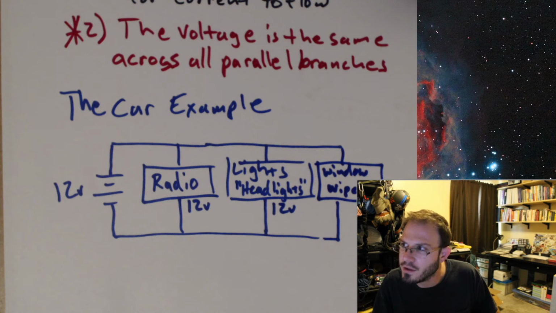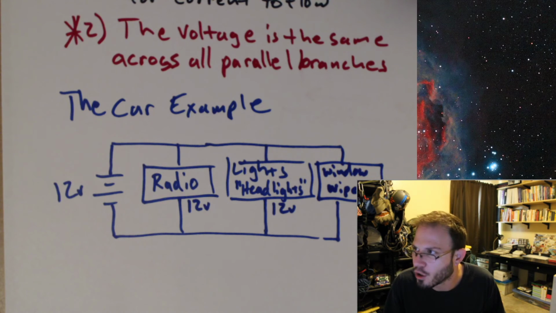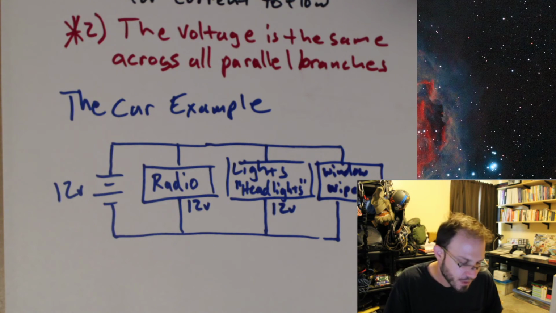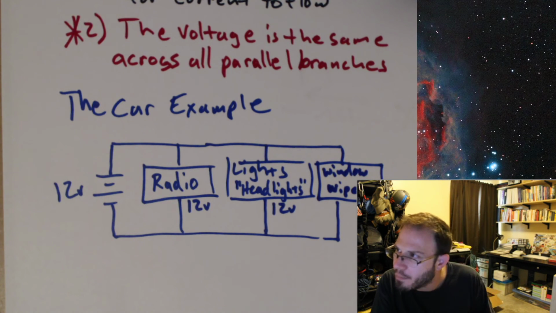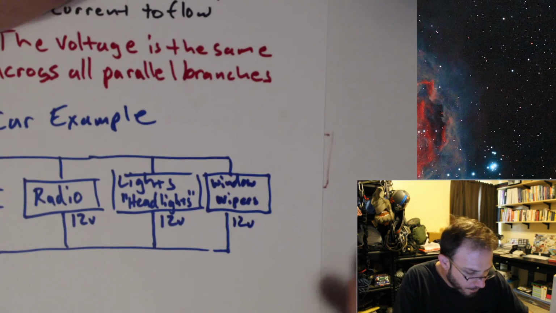By the way, as a little side note, if you're ever looking for a cheap motor that has a lot of torque, like you want to move a big project or something, look at windshield wiper motors. You can find them for like 20, 30 bucks used, and they are beefy and have a lot of gear reduction in them. They're great for future projects. Okay, so my window wipers, they work off of 12 volts as well.